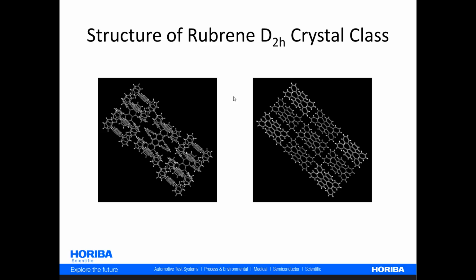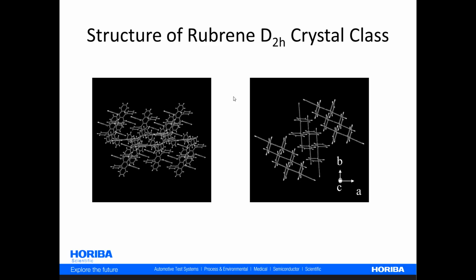So if you envision yourself as a laser beam heading towards this crystal of rubrene, then depending on how it's oriented, I think you could then anticipate the different interactions of the vibrational modes and the phonons with the incident electric field.